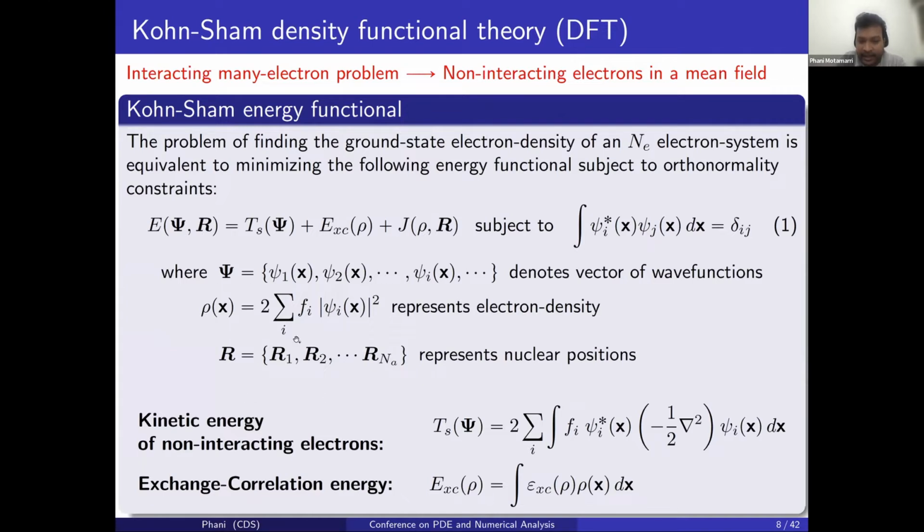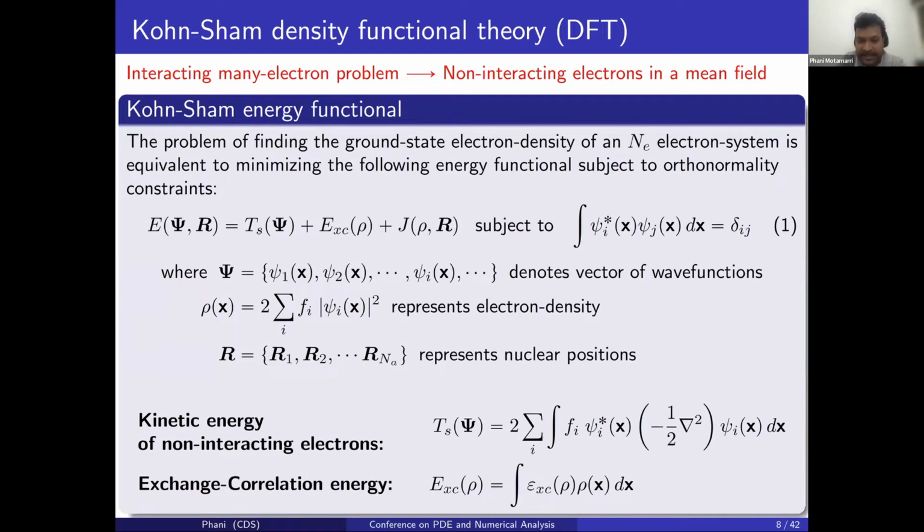So the kinetic energy here of non-interacting electrons, which is this Ts of psi, is the kinetic energy of non-interacting electrons, because you've reduced the interacting electron system into a non-interacting electron system. So you know how to compute this kinetic energy. And the exchange correlation energy lumps the effect of the interactions which you have neglected in reducing the interacting many electron problem into a non-interacting problem.